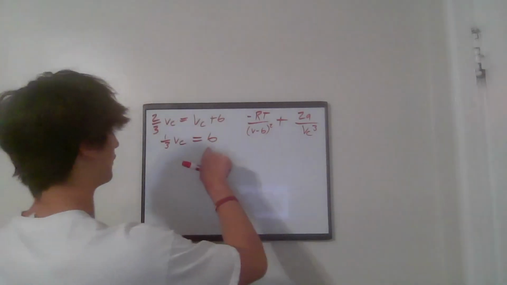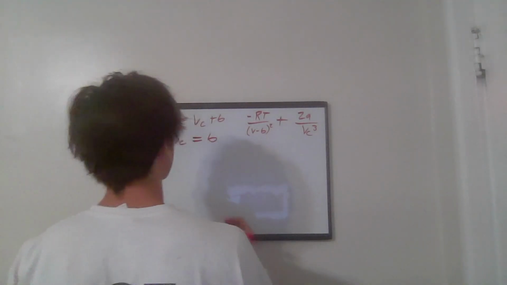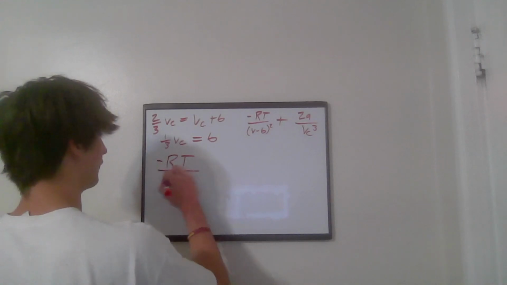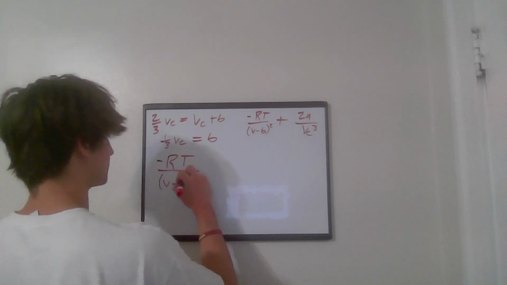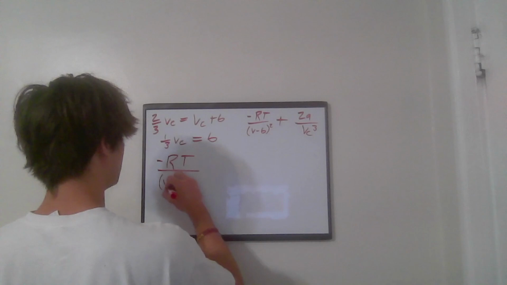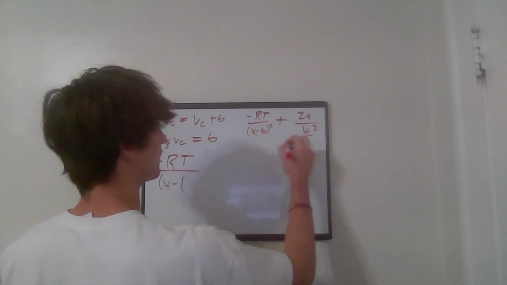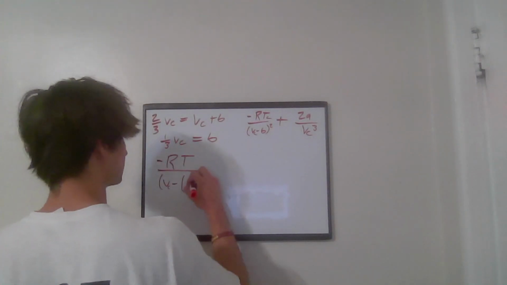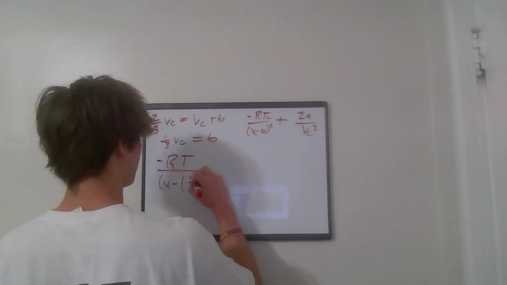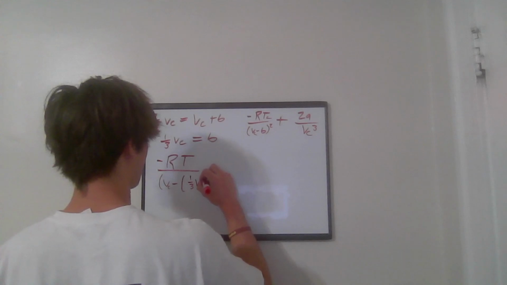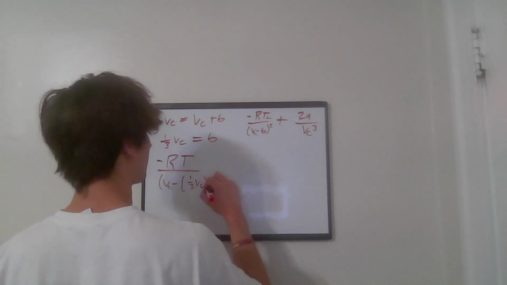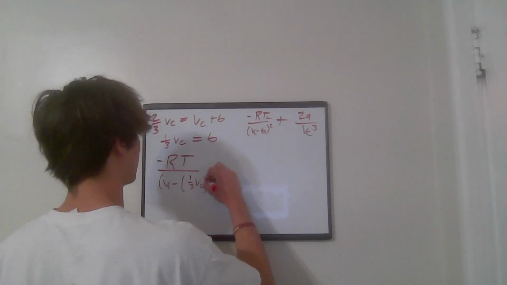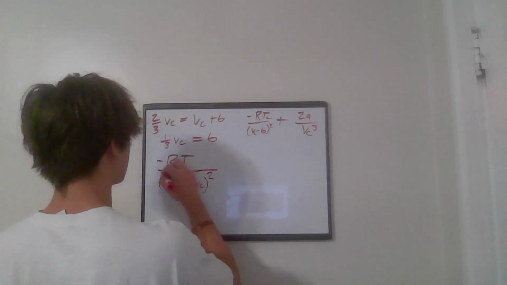So there's our second derivative, and what we want to do is plug in b. So we're going to say negative RT over VC minus 1/3 VC, and then squared. That should be squared.